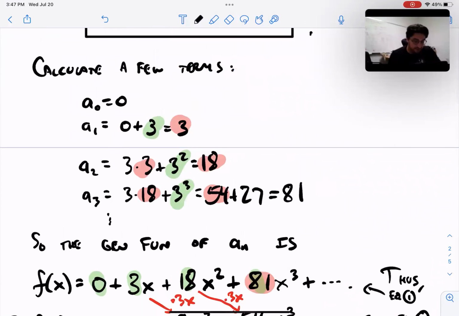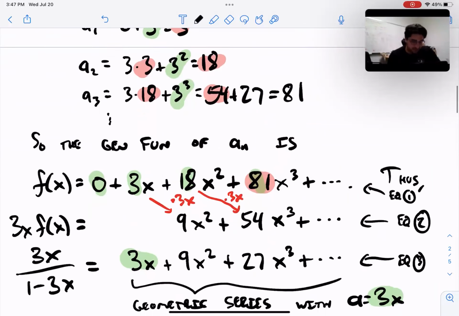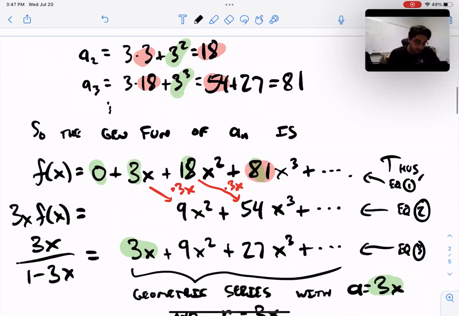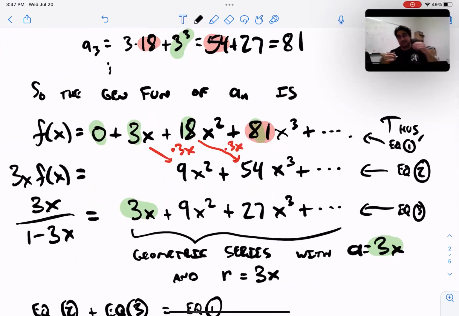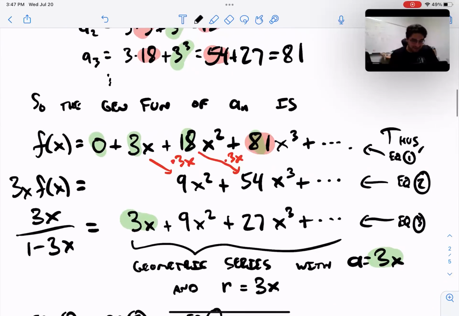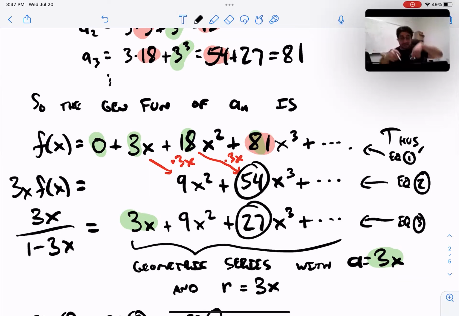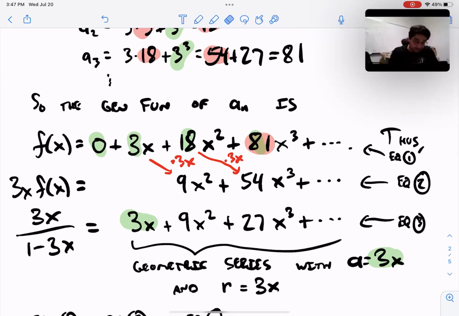Take those terms from your sequence and build a power series out of it, right? Use some algebra on power series to reconstruct that recursion. Here I was looking at that 81 and asking where it came from. Well, 81 was a 27 plus a 54, right? And figure out how to build power series to get that to be those corresponding terms in the degree 3 term and in all the terms, right?